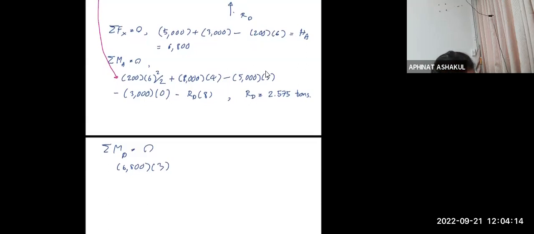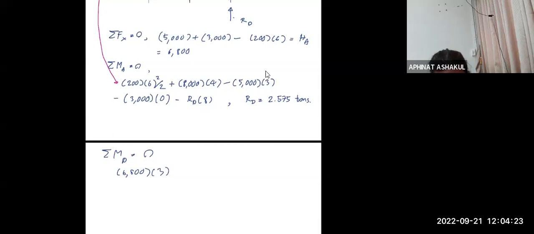So now I have, oops, sorry, that's RD. Okay. So it has to be plus RA multiplied by 8. Then plus the uniform load, which is 200 multiplied by 6.